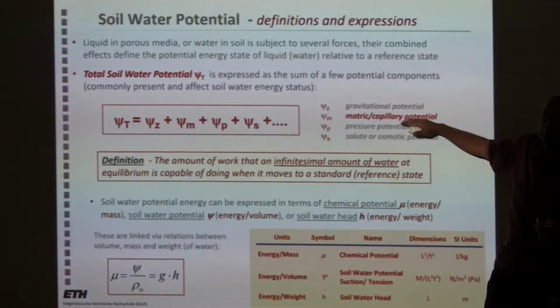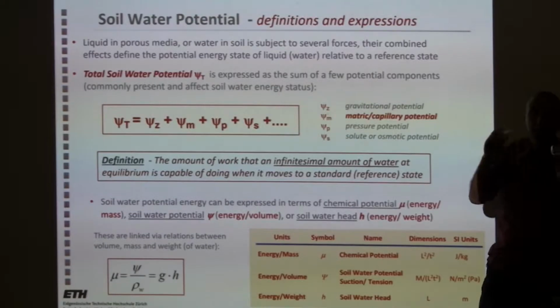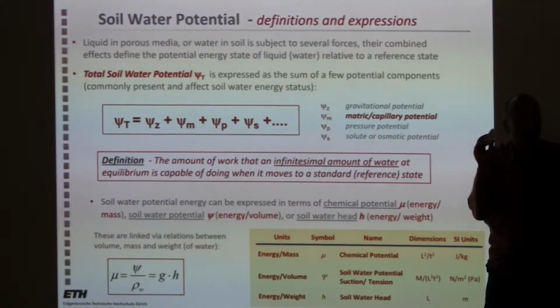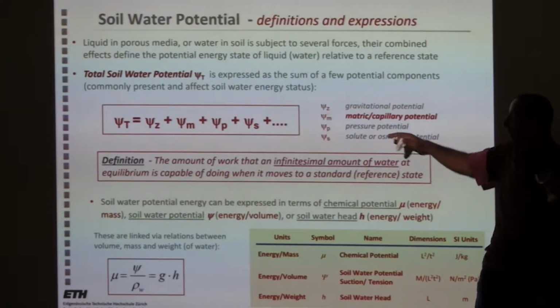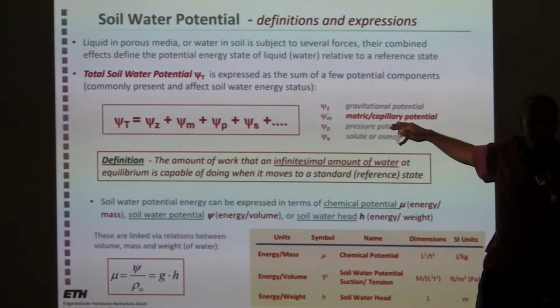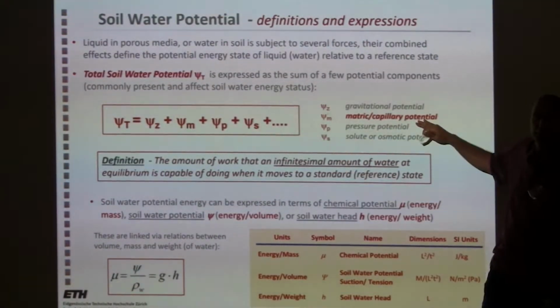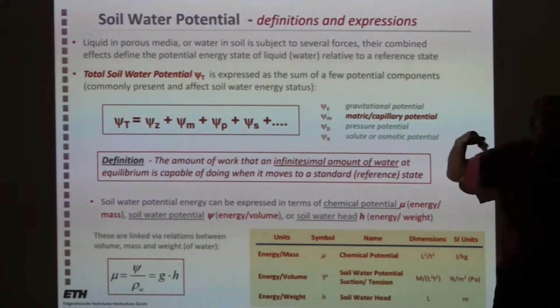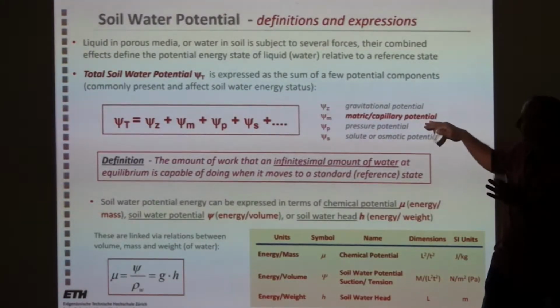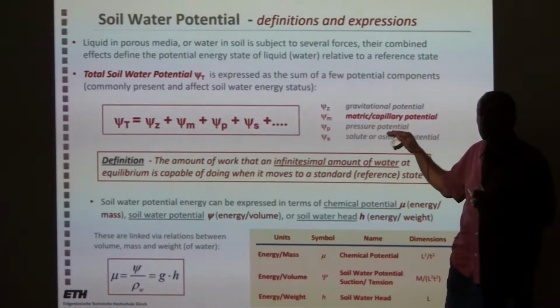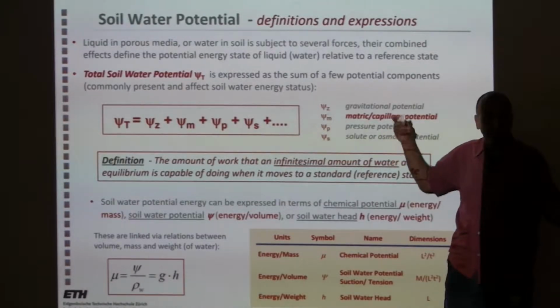We have a component that is completely due to interaction between the water and the solid matrix. We call it the matrix potential, and we will come back to that. I'll also call it the capillary potential or the capillary pressure to satisfy my colleagues who want to call it this way. We have the pressure potential that Jesus talked about yesterday that drives groundwater flow.